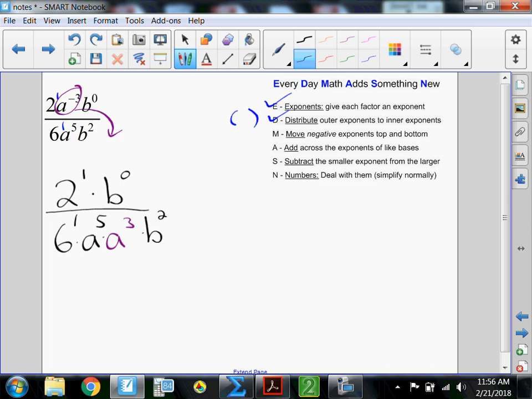For more information on why the negative exponent can move from top to bottom, why it becomes a positive exponent when it moves from top to bottom or bottom to top, please ask your math teacher. This is more about the process, and in class you guys will talk about why that works, but mathematically they are the same thing.